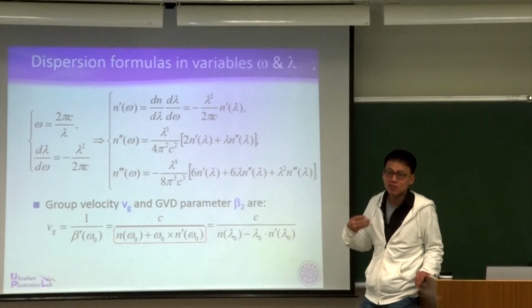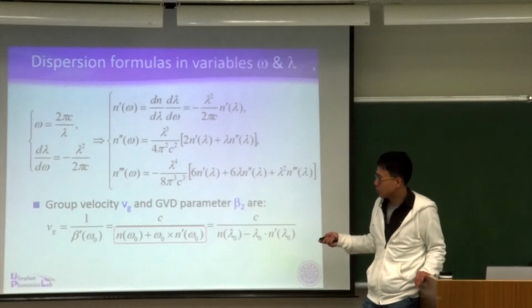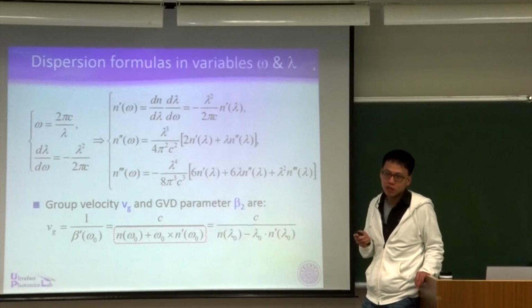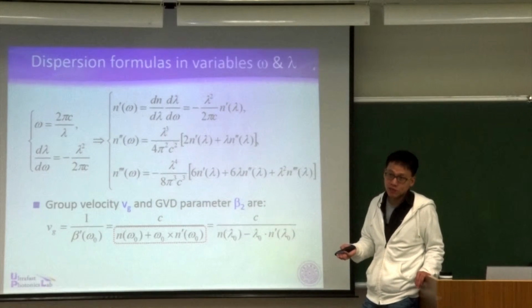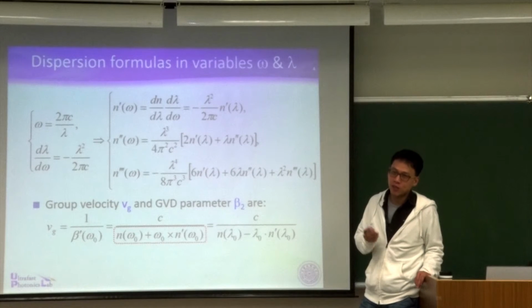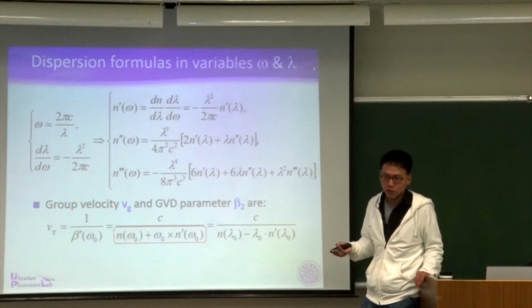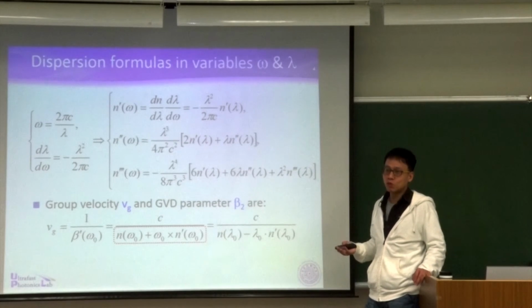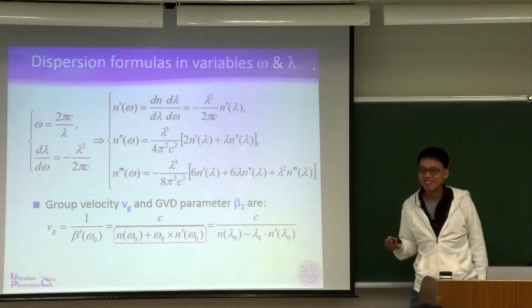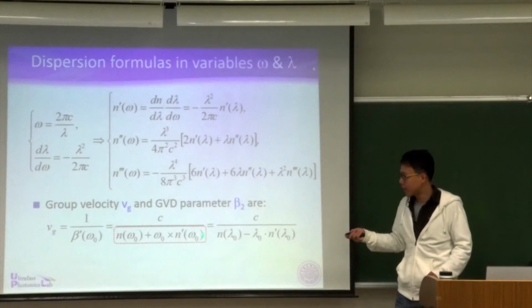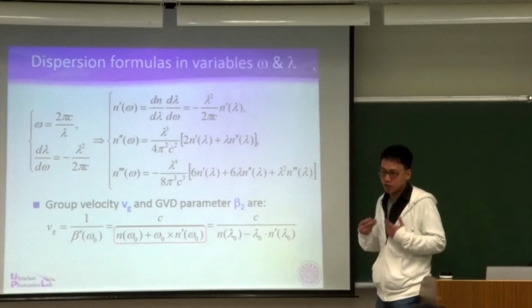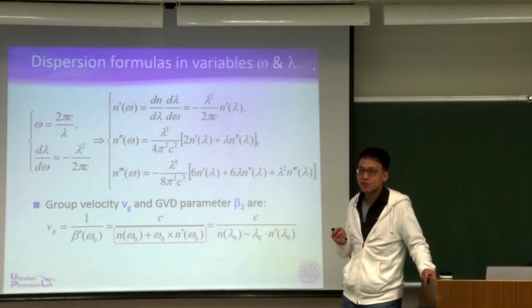Larger index, slower velocity. So if n prime is positive, you have a group velocity slower than phase velocity. In other words, your envelope propagates slower than your carrier. Okay, and if you have a negative derivative, negative slope, you get the reverse.